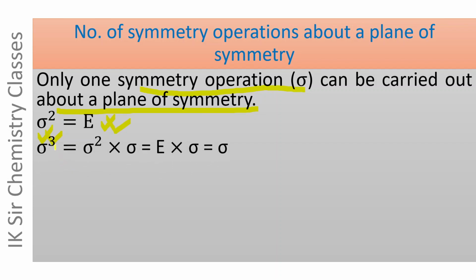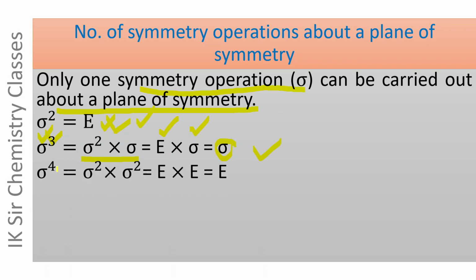Sigma 3 will be equal to sigma square into sigma, and sigma square is nothing but identity operation, and if identity operation and reflection operation are multiplied, it will be equal to sigma. Sigma to the power 3 is equal to sigma, sigma to the power 2 is equal to E.